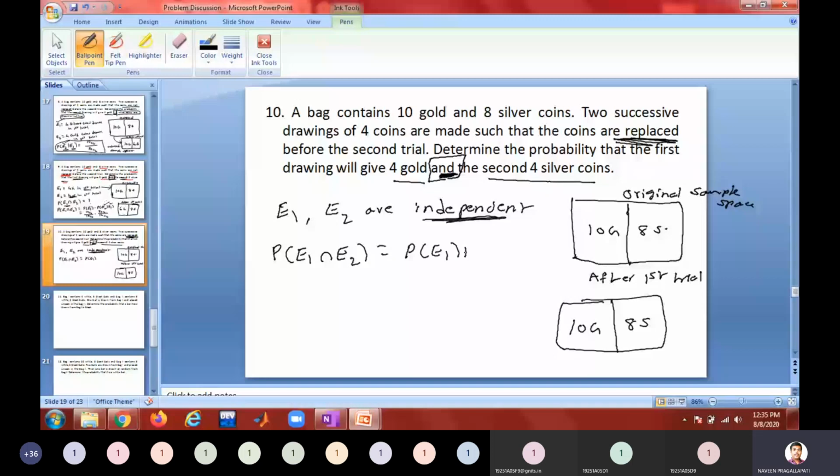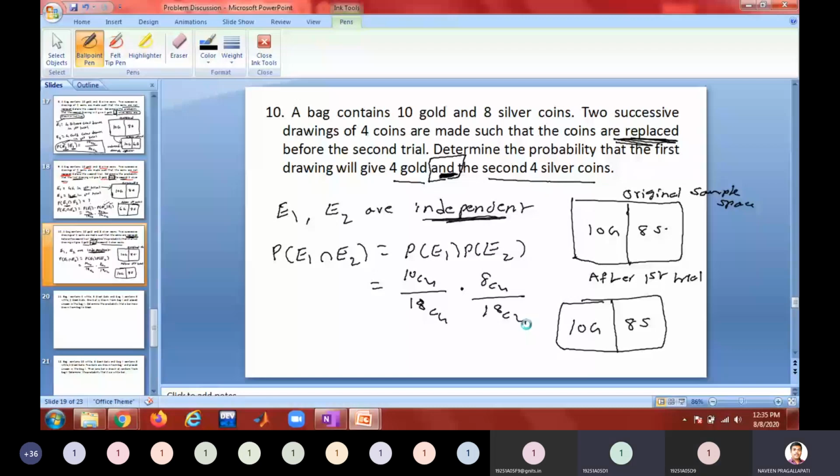What is P of E1? 10C4 by 18C4, into, for the second trial also the same. Now I want 4 silver coins, 8C4 by 18C4. Okay? Is this clear to all of you?